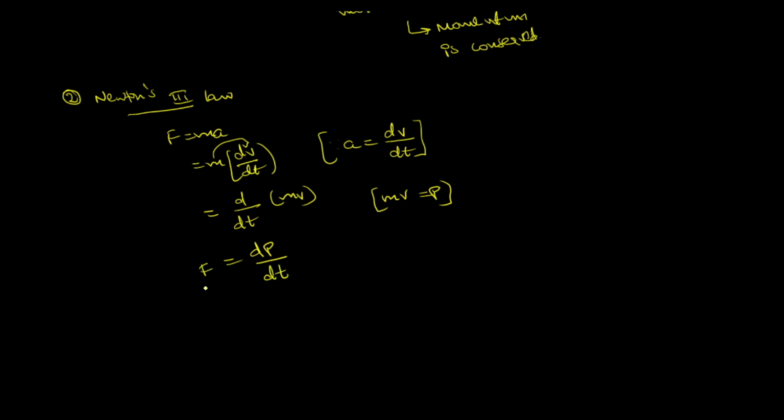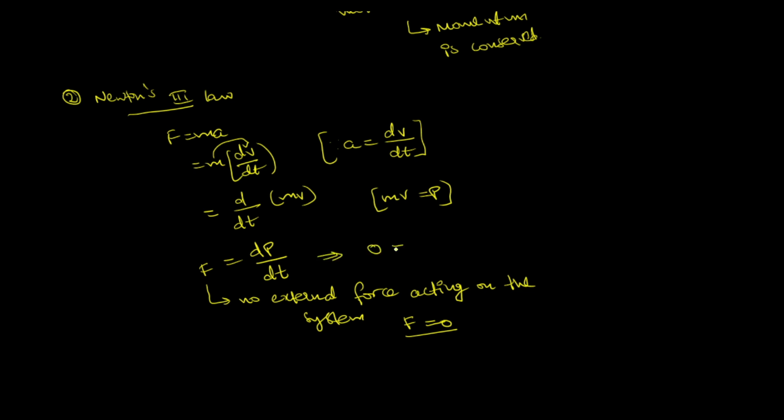Okay, whenever there is no external force acting on the system, then the force will be equal to 0. The external force is equal to 0. Now from this equation, 0 is equal to dp by dt.